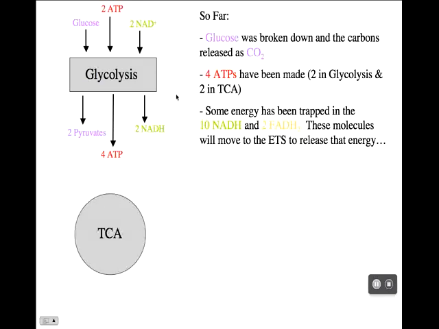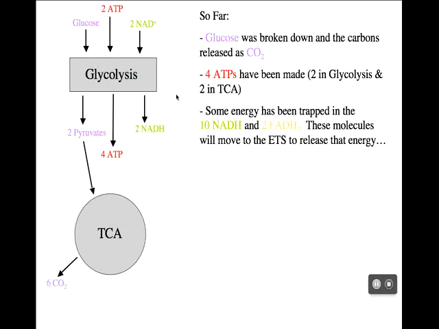Then, of course, we encounter the tricarboxylic acid cycle. The pyruvates went into the tricarboxylic acid cycle, and those carbons came out as carbon dioxide. Right? So glucose goes into glycolysis, becomes pyruvate through glycolysis. Pyruvates go into the tricarboxylic acid cycle, and the carbons come out as carbon dioxide.